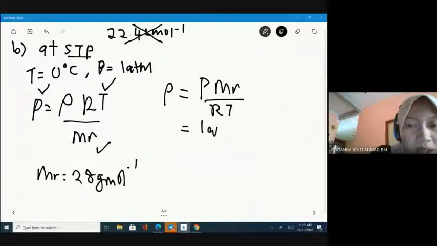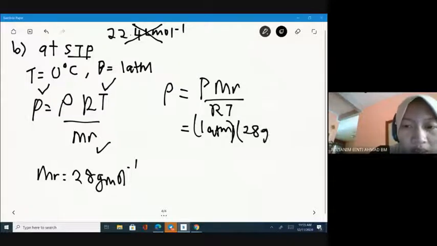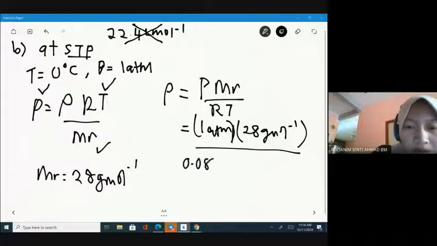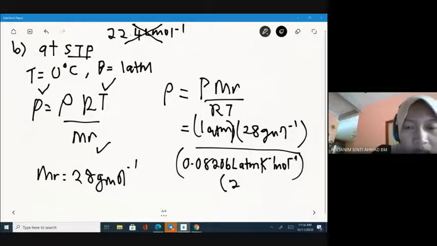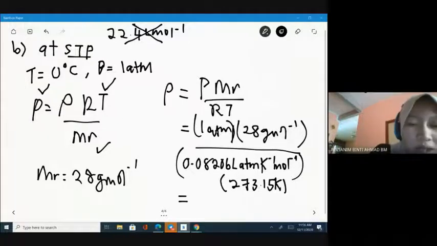Pressure is 1 atm, molar mass is 28 gram per mole, and R is 0.08206 liter atm per Kelvin per mole, and the temperature is 0 degrees Celsius plus 273.15 Kelvin. So press your calculator, finalize, and you can get the correct answer, 1.25 gram per liter.